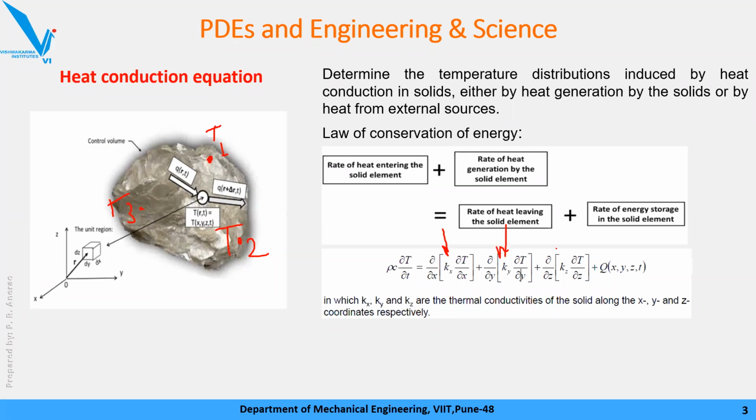So after some time you will get this modified equation, which involves various rates of change. So this T is the interest of us. हम would like to find out ये temperature कितना है at various locations.